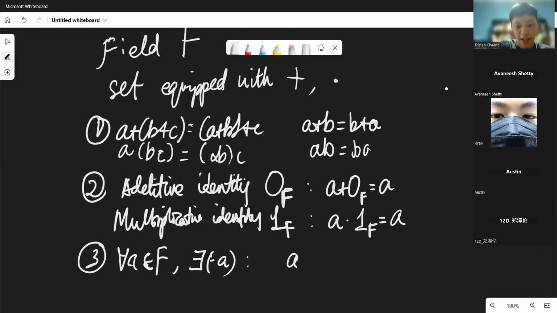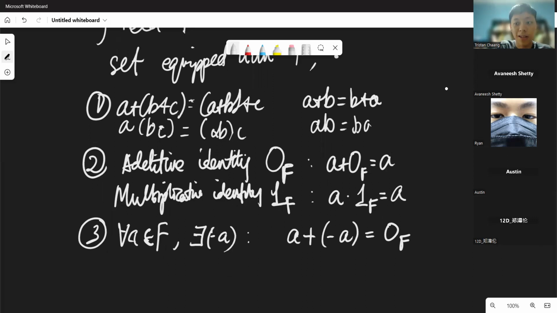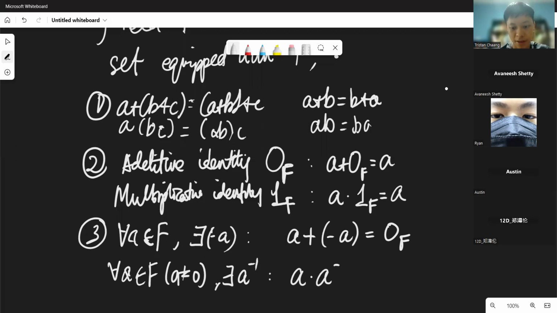It's an element where if you add those two numbers, you will get 0. And also there is a multiplicative inverse, but for all elements that are non-zero. So for all A which is non-zero, so there's an extra property here, there exists something called A inverse, such that if you multiply them together, you get the multiplicative identity.